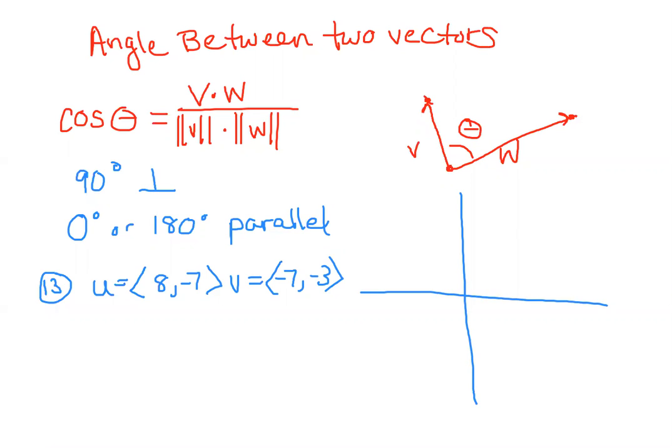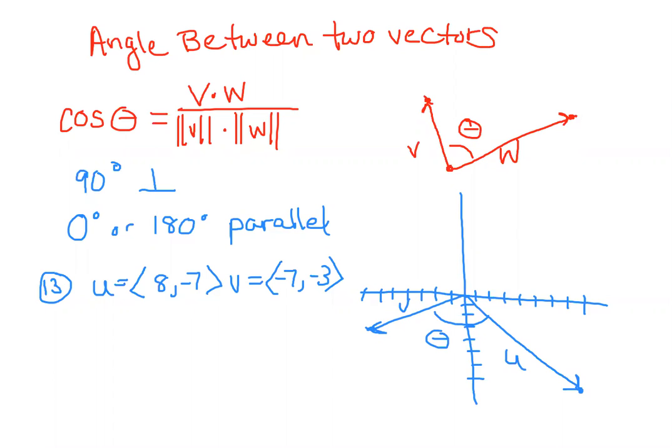Okay, 8, -7. There's u, and then -7, -3. There's v. So this is what we're looking for right here. We're looking for that angle between them.